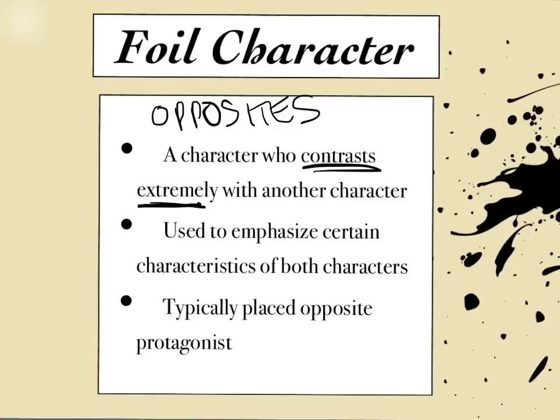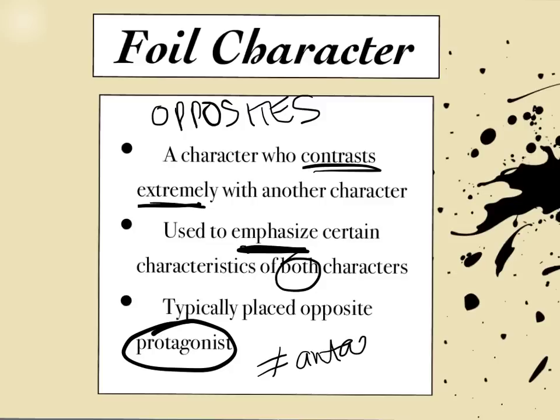And this is done in order to emphasize certain characteristics of both the characters. In most works, you'll find that they're placed opposite the protagonist. It may not necessarily be the antagonist, but there is often a character that is used to help emphasize certain characteristics of this main character.